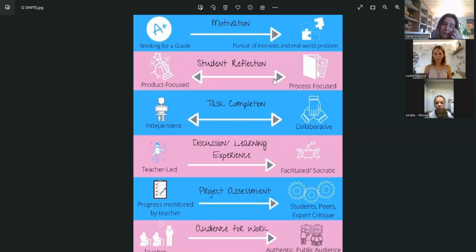Okay, the next one is the student reflection. You see the arrow on both sides, so it can be product focused and also process focused. So what does it mean for you as a student to have reflection on what you are doing and studying? And how does the system help you to see the reflection? We were talking about that you can measure what you are doing, right?